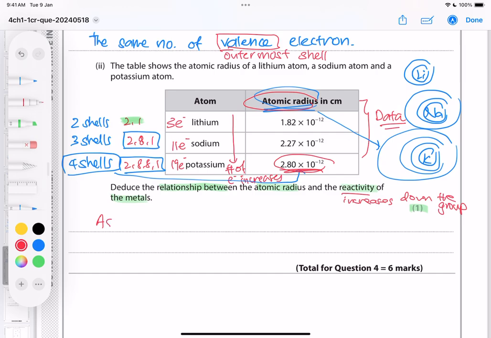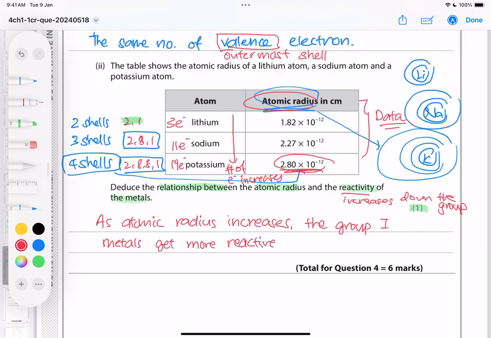As atomic radius increases, the group 1 metals get more reactive. So that is how we get this 1 mark.